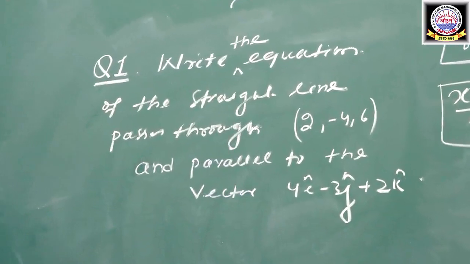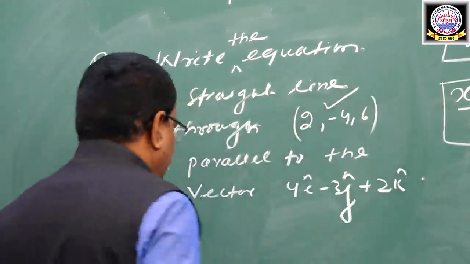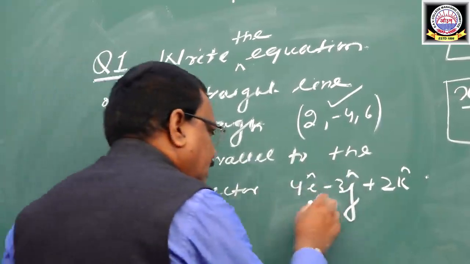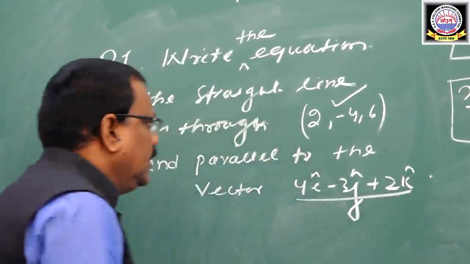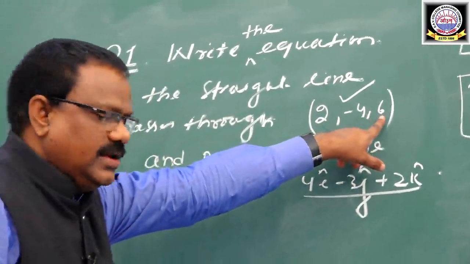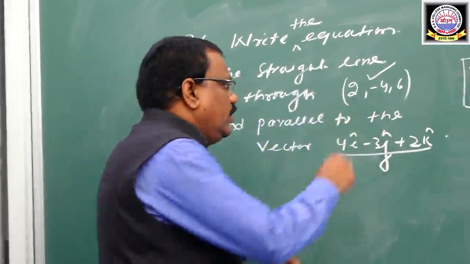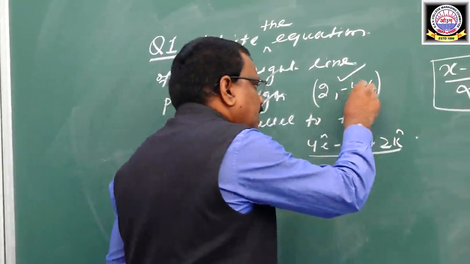This is the point and this is the vector. So x1 is 2, y1 is minus 4 and z1 is 6.